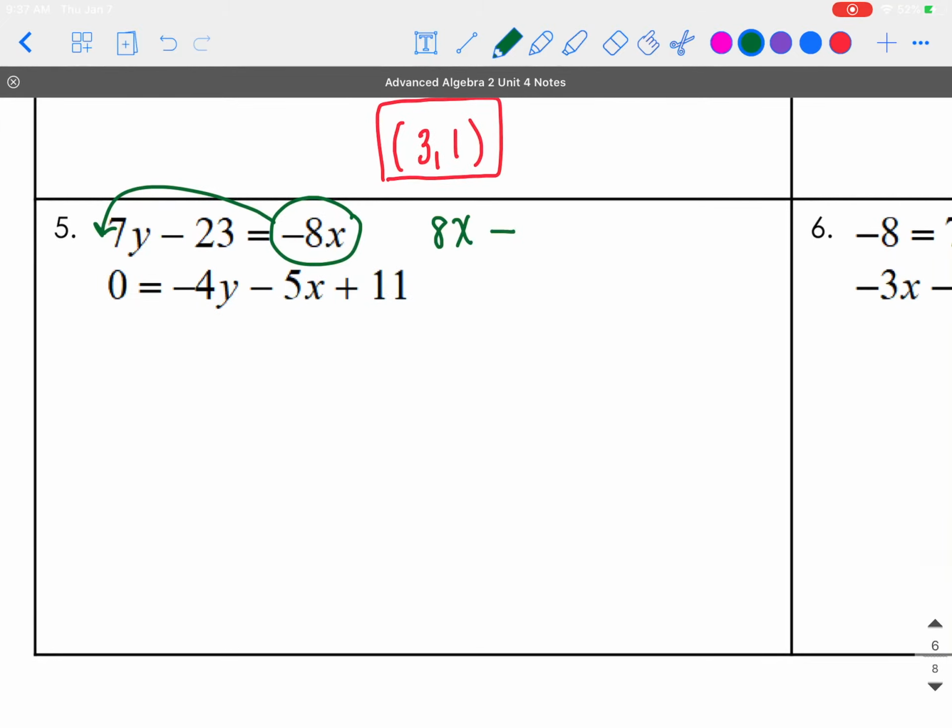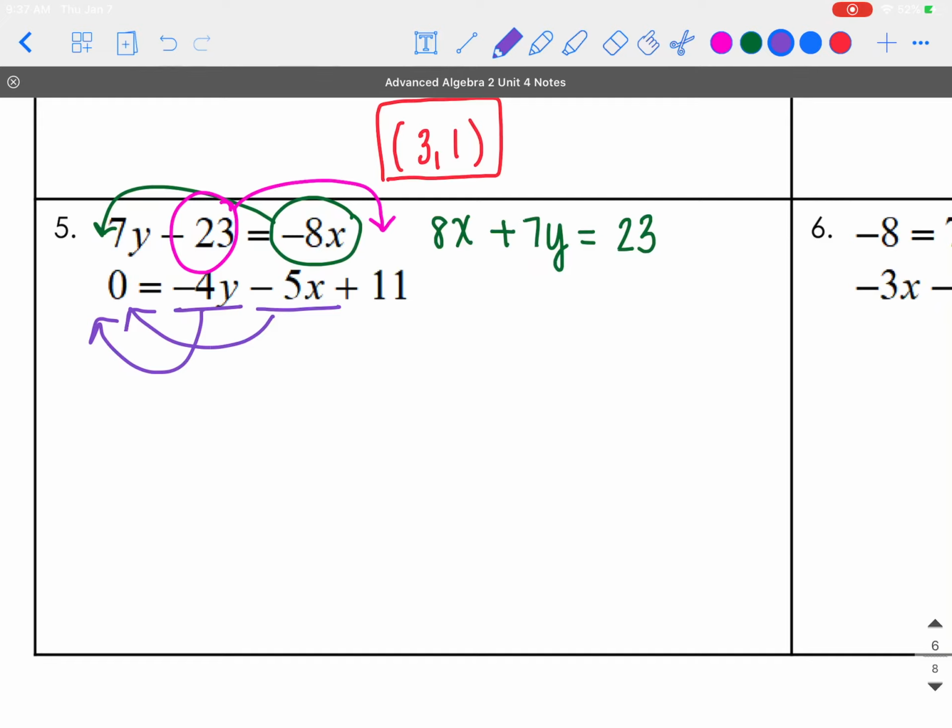So 8x plus 7y, and that 23 needs to come over, and it becomes a positive 23. On the other one, both the x and the y need to come over. So they're both going to change signs to 5x plus 4y equals 11.